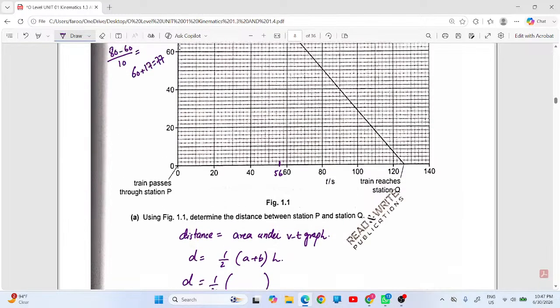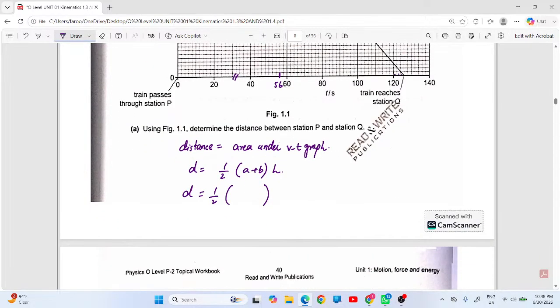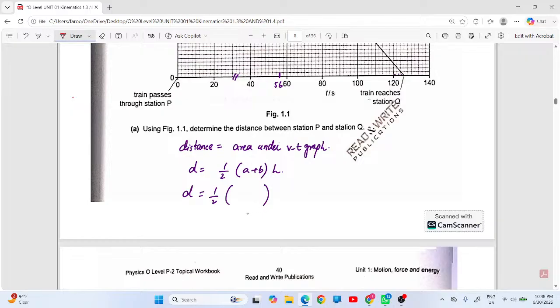The parallel sides are the upper one and the lower one, the horizontal lines, one at 56 and the other at 126. So we write 56 plus 126, and the distance between them is 77.